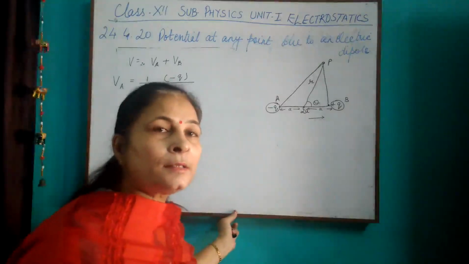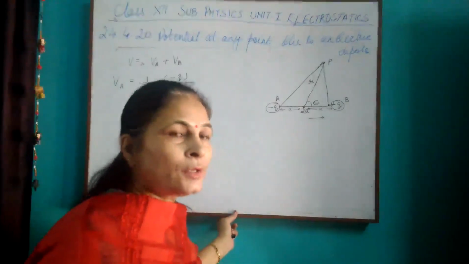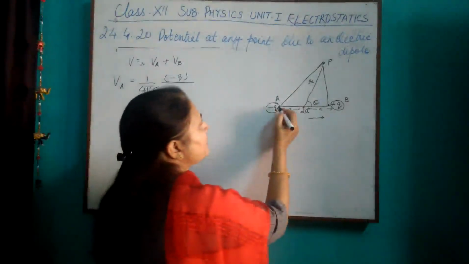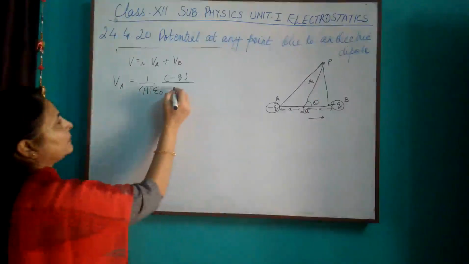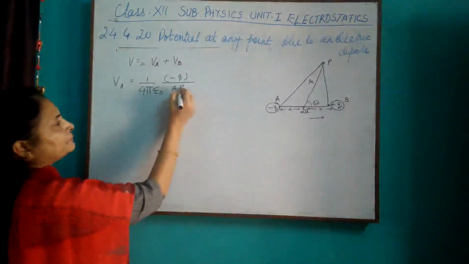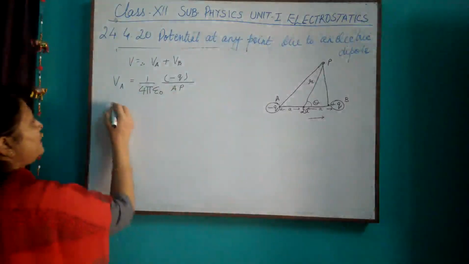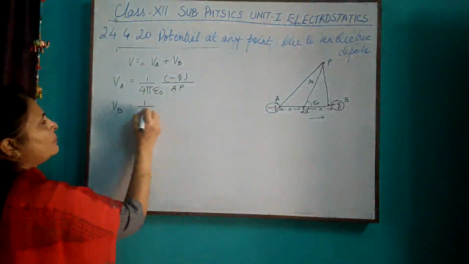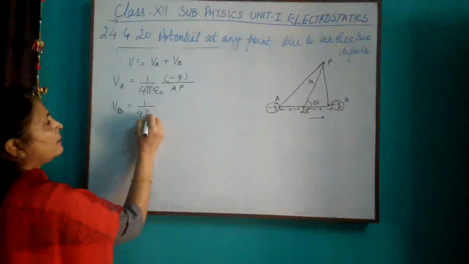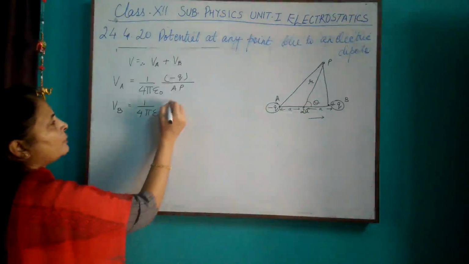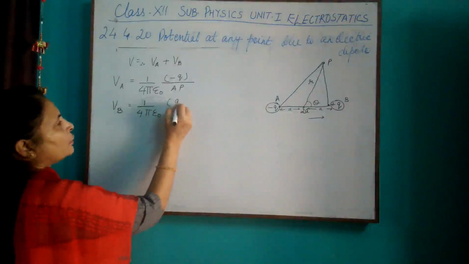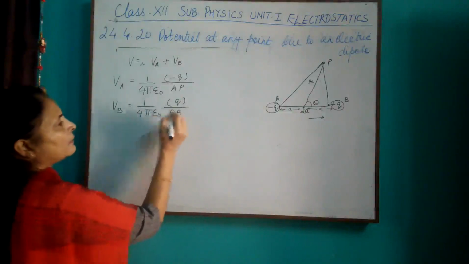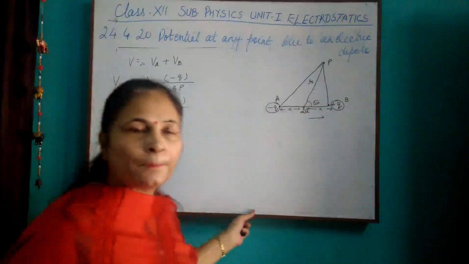And what is R? R is the distance between the charge and the point P. So the distance is AP. Similarly, VB will be equal to 1 by 4 pi epsilon naught Q upon PB.